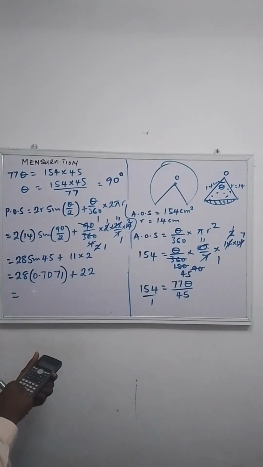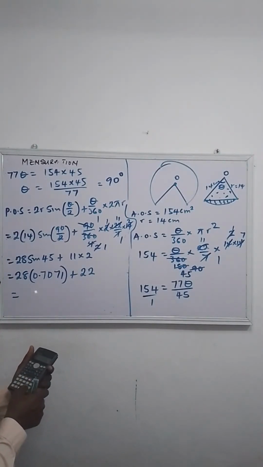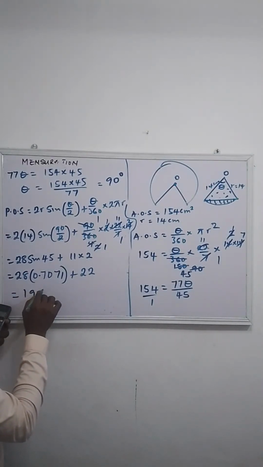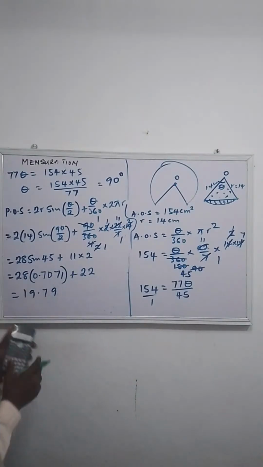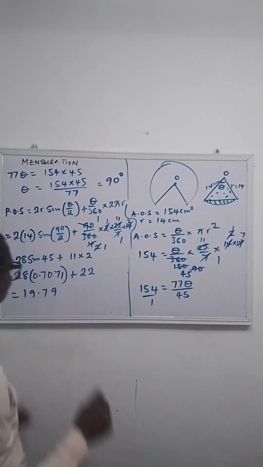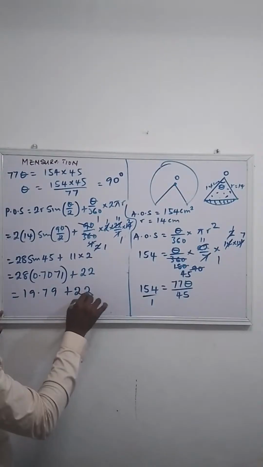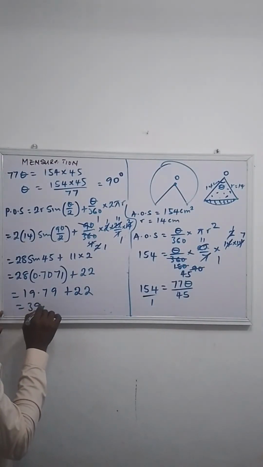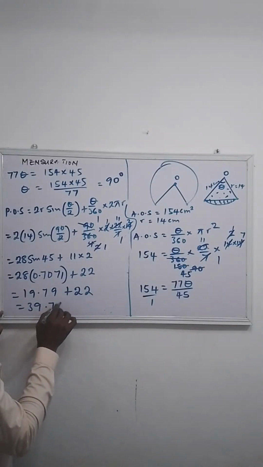Times 28. So what do we have? We have 19.79. So plus 22. So our final answer is 39.79.